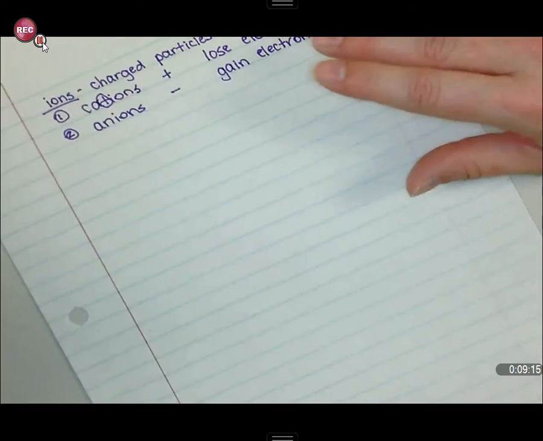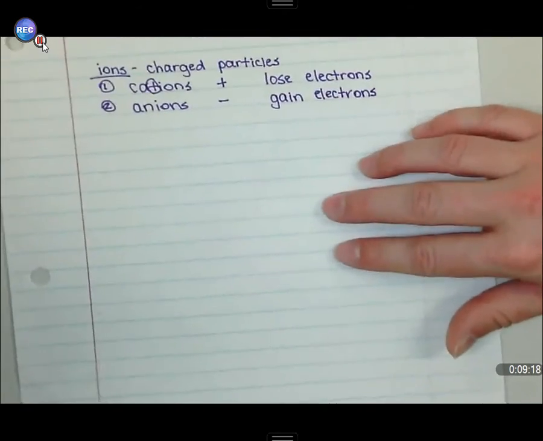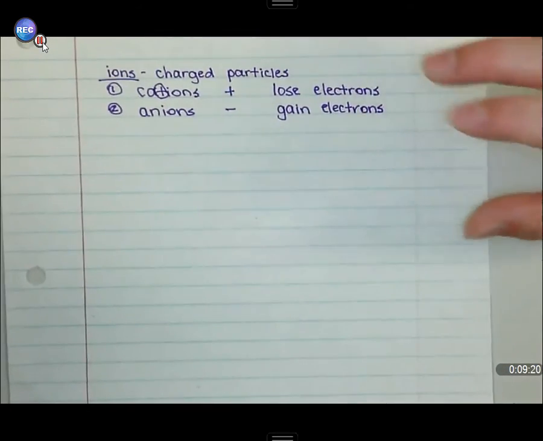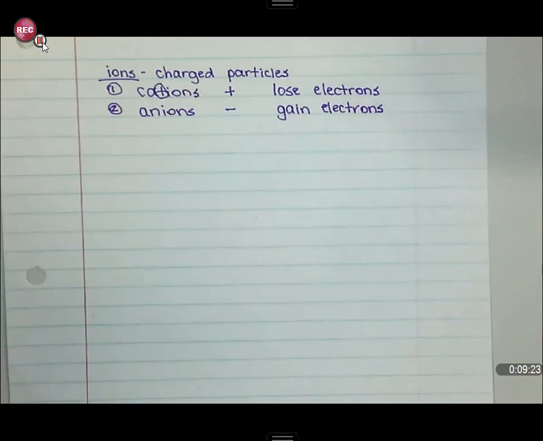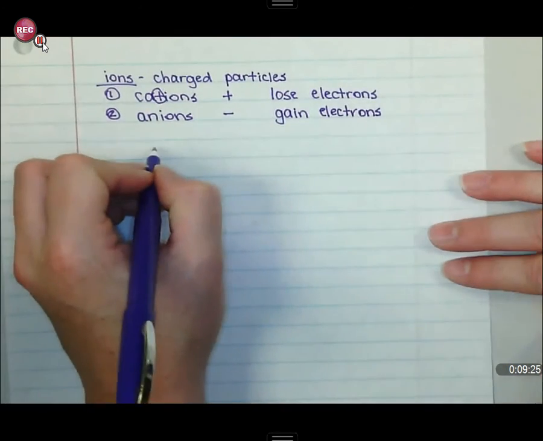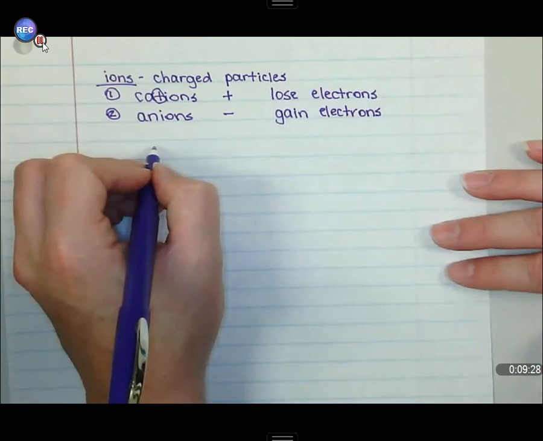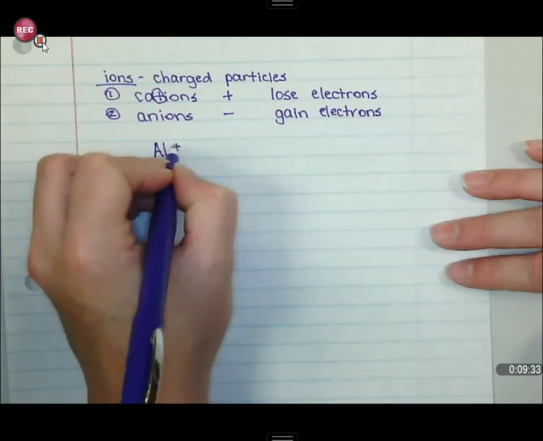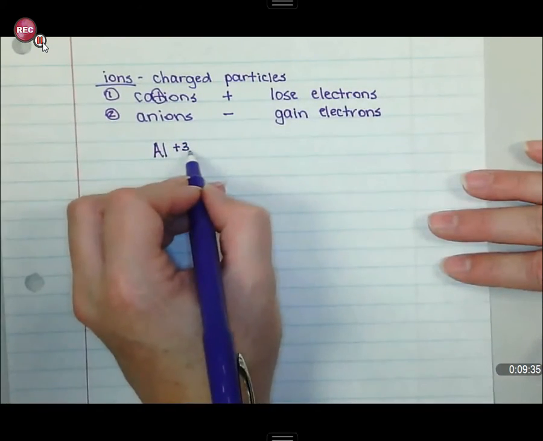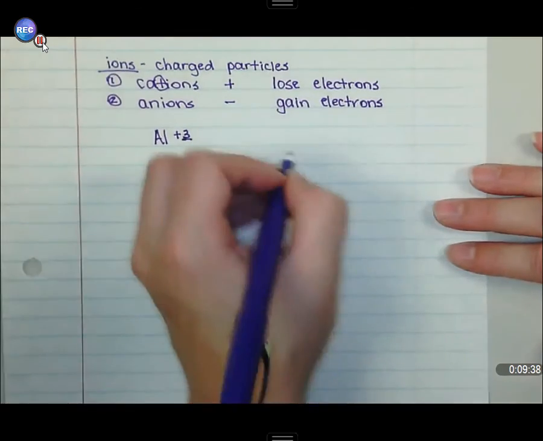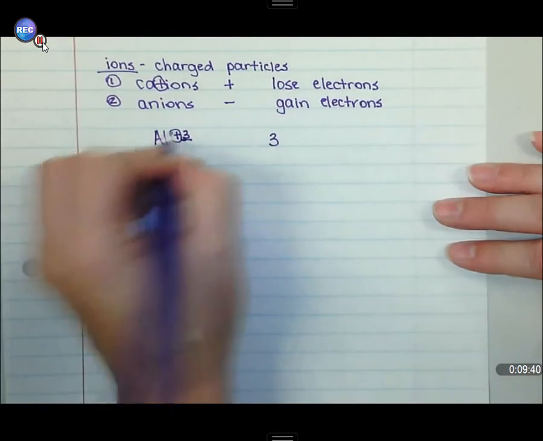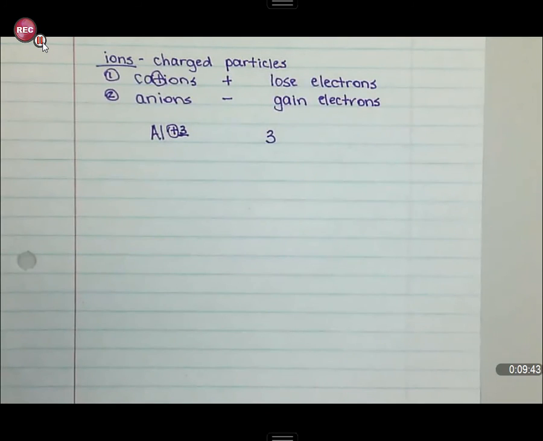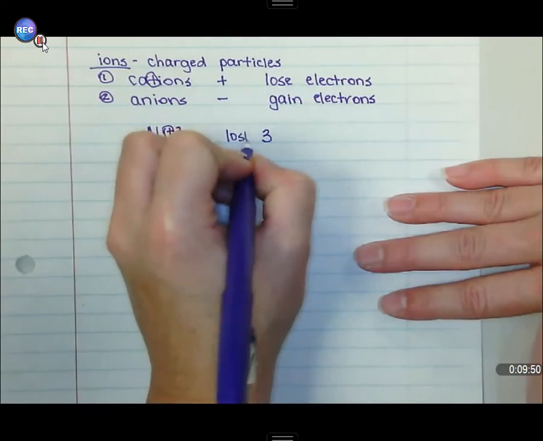Now, on practice the other day, y'all had to fill in a chart, and it would give you something, and you would have to tell me if it gained or lost electrons and what charge it would have. So if I told you that we had aluminum plus 3, well, that means that the number's 3. We did something with the 3. But look, we're positive. So did we get rid of or did we gain electrons? To become positive, you got to get rid of the negative. So we actually lost 3 electrons.